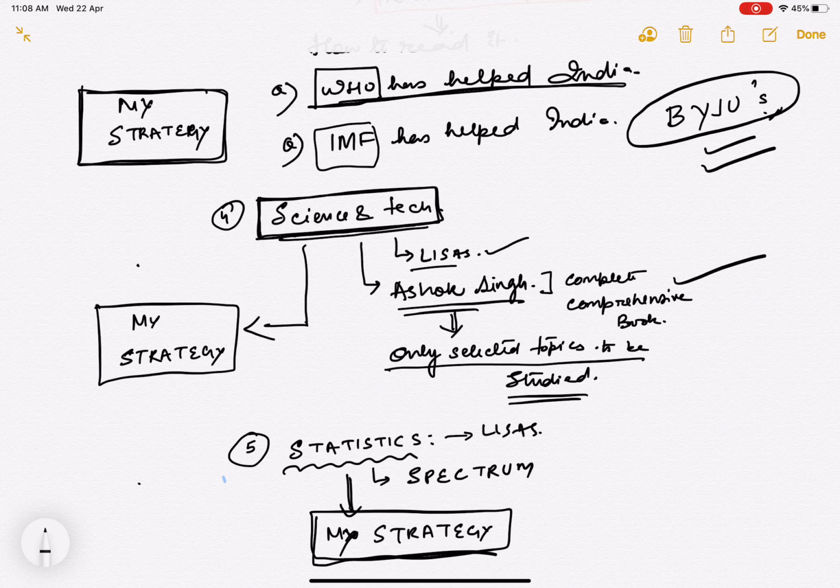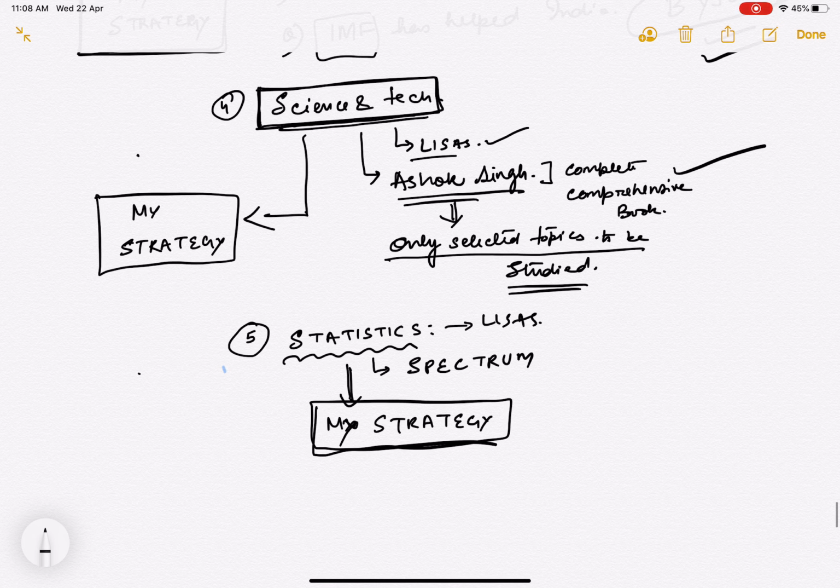Next, with respect to statistics, you again have Lisa's material, again you have the Spectrum material. But I had my own strategy. See, even I had difficulty in understanding statistics. I had had no connection with statistics for too long. But yes, some information was there with regard to mean, median, mode. But my strategy was simple.